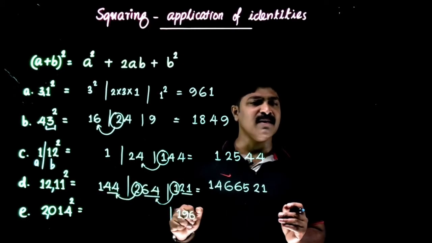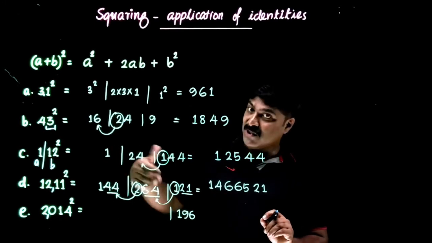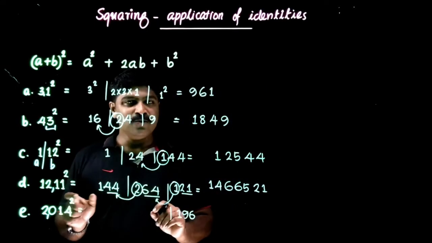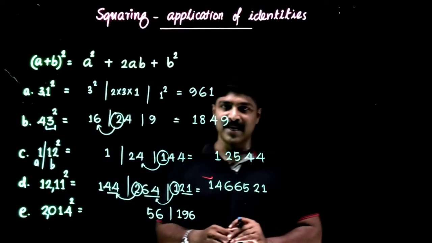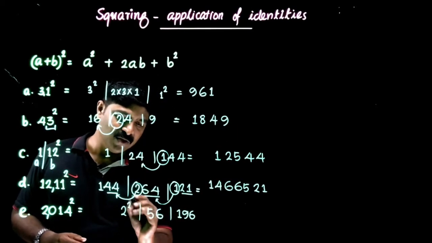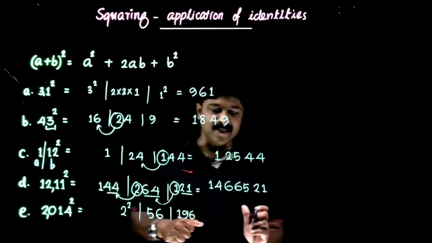What is 2 into 14? That's equal to 28. Into 2, what will it become? 56. So 2 into 2 into 14 is simply 56. And the last step, that is 2 square. And we are going to write down the final answer.